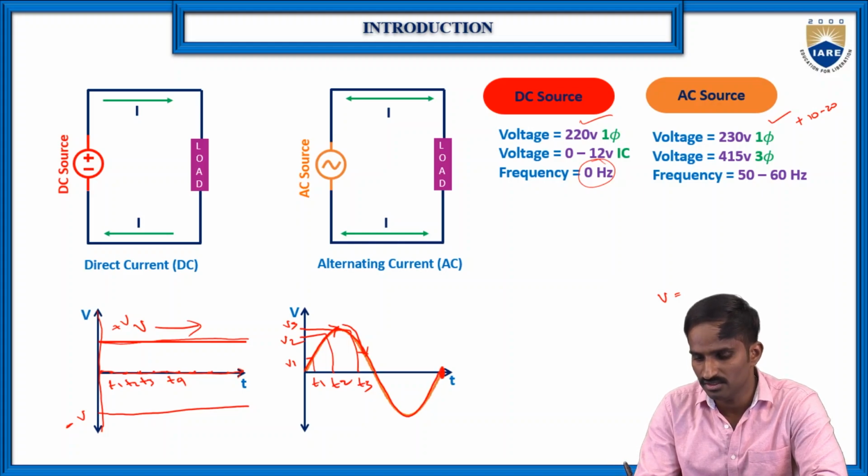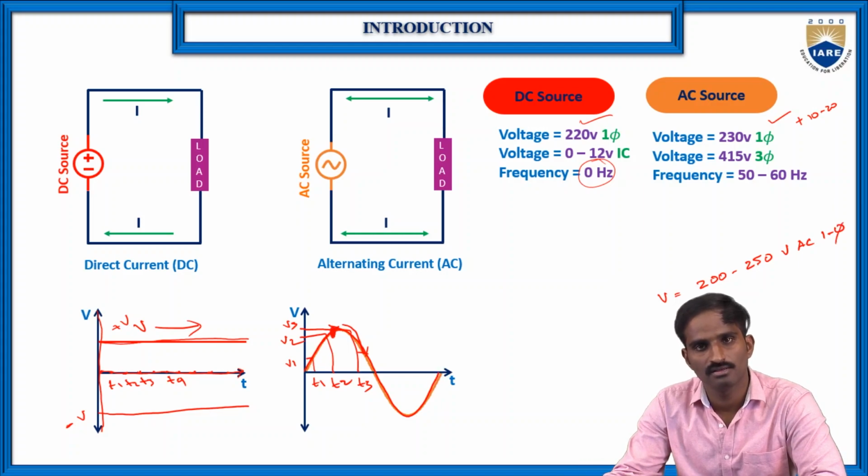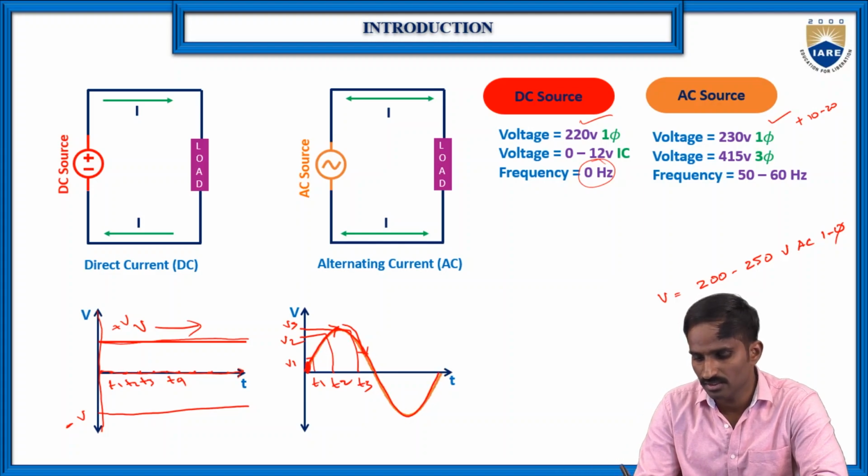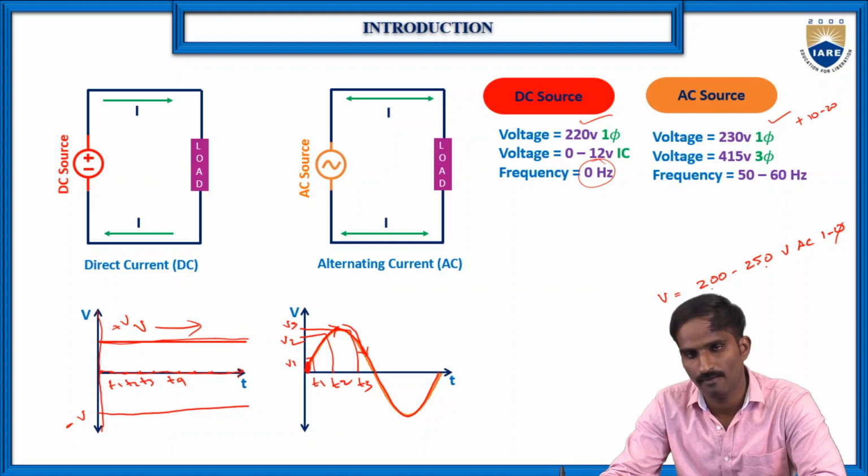They usually mention from 200 to 250 volts, AC single phase, like this. You can find this on every electronic equipment, which means that between 200 and 250 volts this particular device will work efficiently.